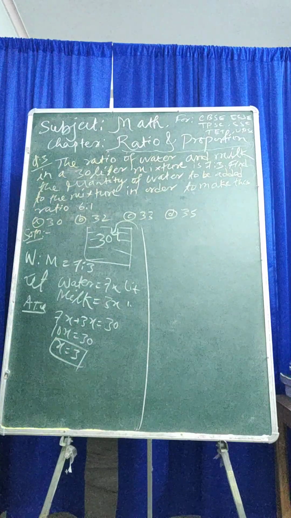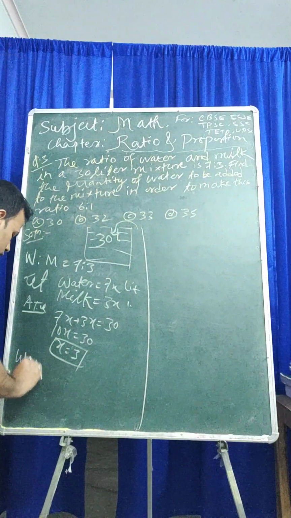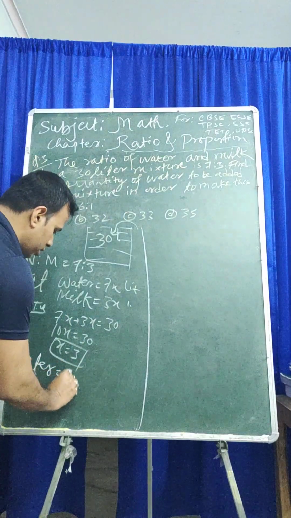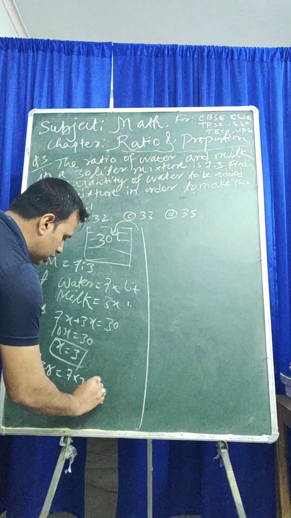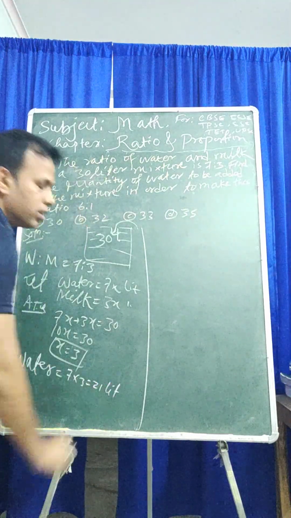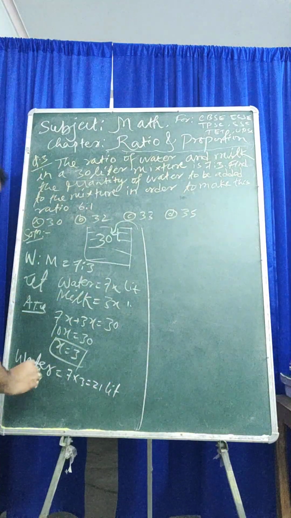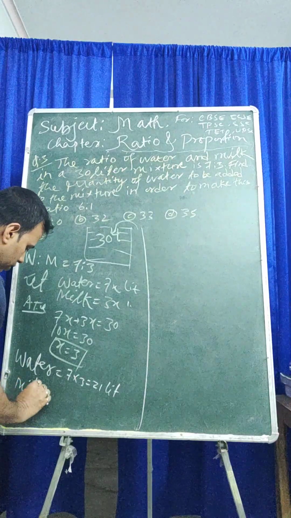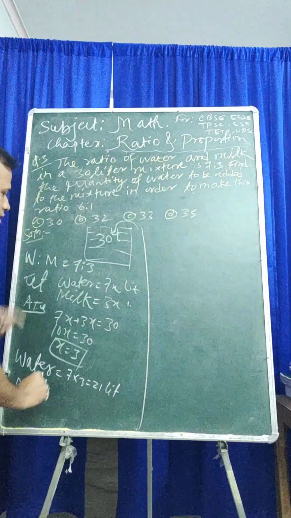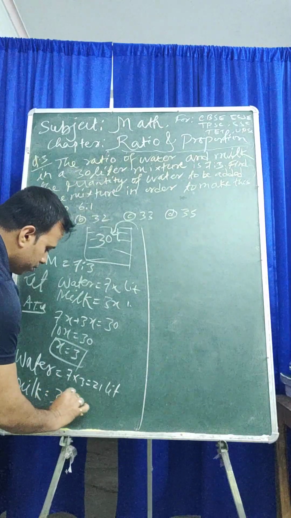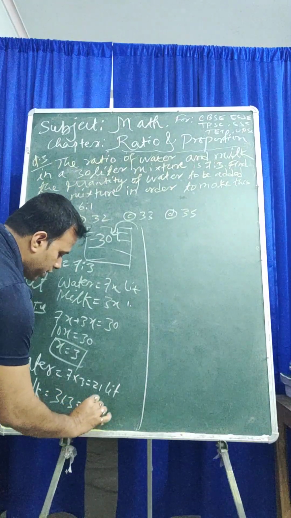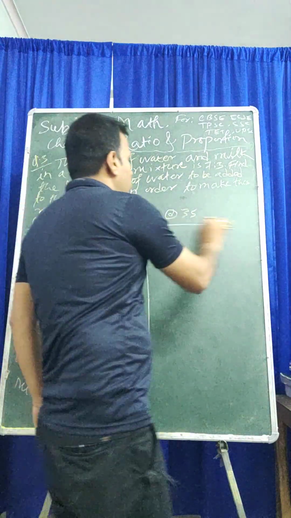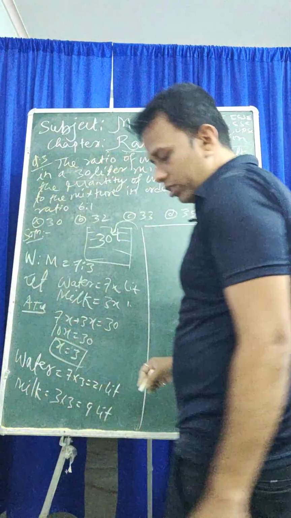Now the water quantity will be 7x, that is 7 into 3, 21 liter in the 30 liter mixture, and the milk quantity will be 3x, that is 3 into 3 is equal to 9 liter. Got my point?